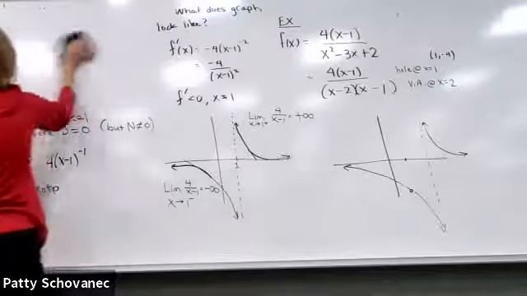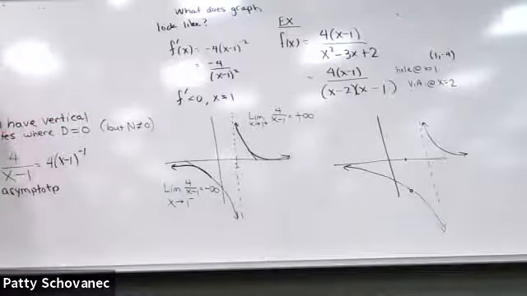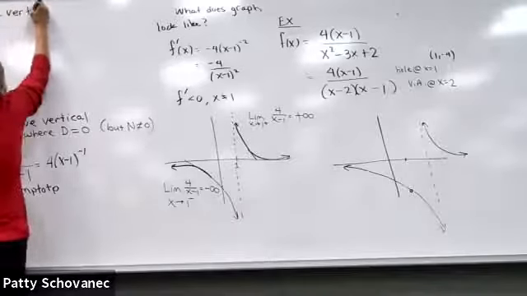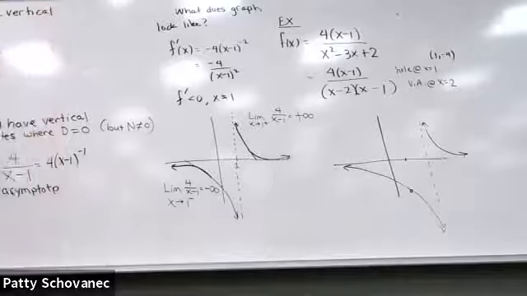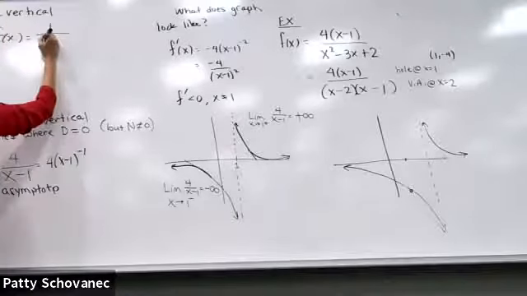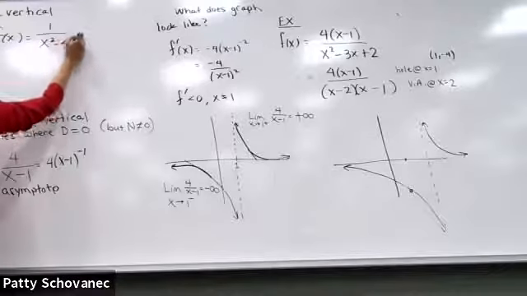So let's see if you can determine this. What are the vertical asymptotes? F of x is equal to 1 over x squared minus 4.